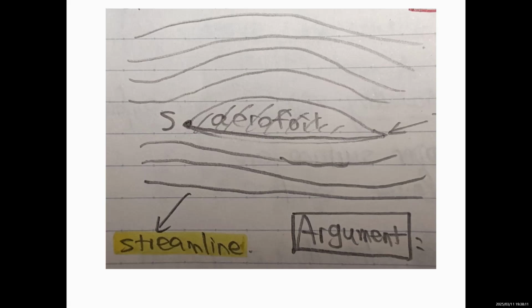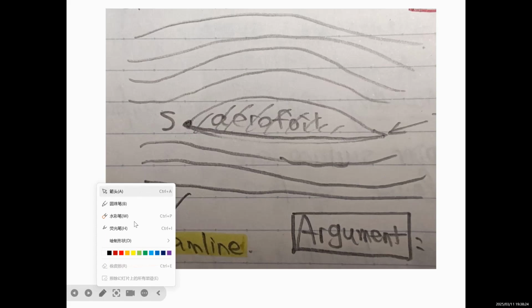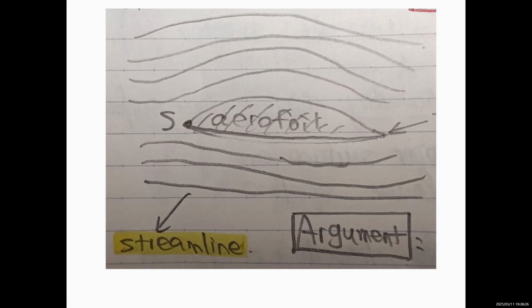It's supposed that two neighboring fluid particles split at S, the stagnation point, and they should meet again at the end of the wing. So let me take this point as T.